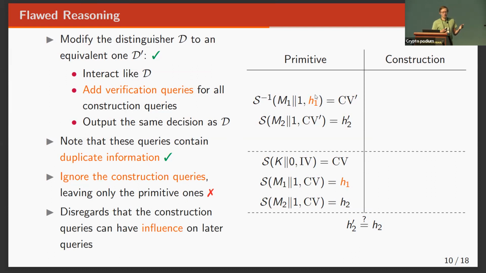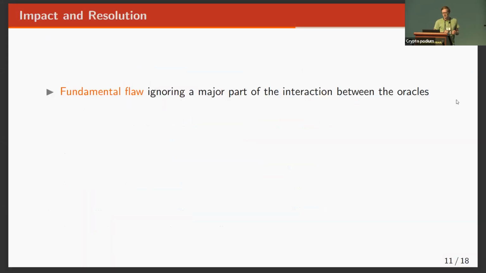And we can also not fake some randomly generated value, because the verification query should output the same H1. But we don't have it, so it really is a fundamental flaw that ignores a lot of the interaction between the construction and primitive oracles.